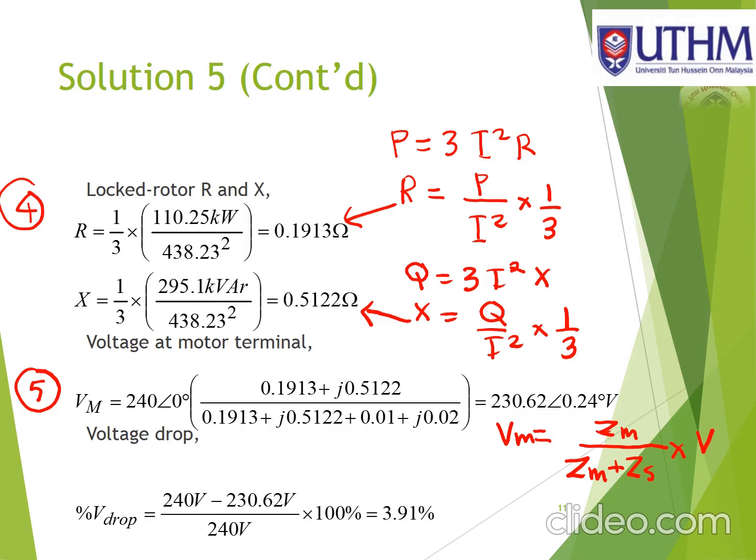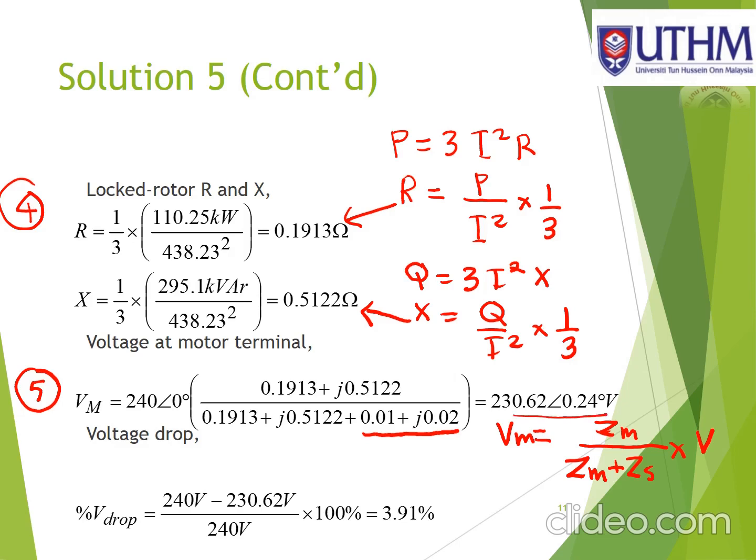Zm we already got from step number 4, and Z system 0.01 plus j0.02 is given in the example. After putting all the values, we can get the voltage at the motor terminal.